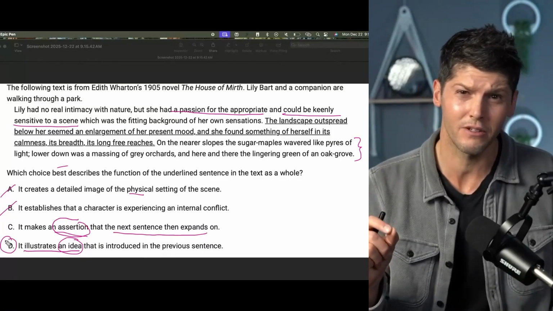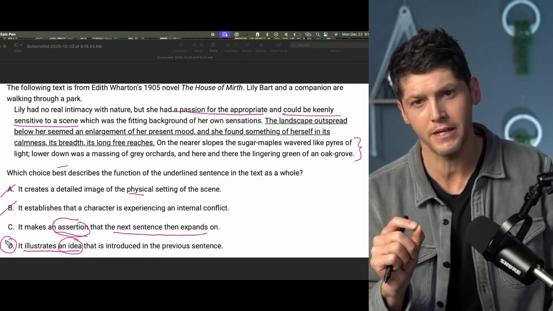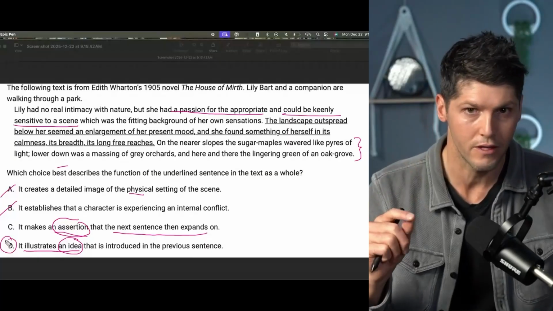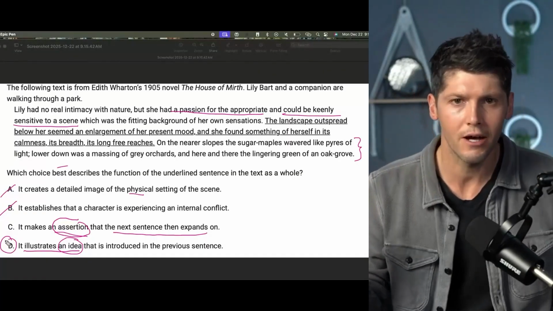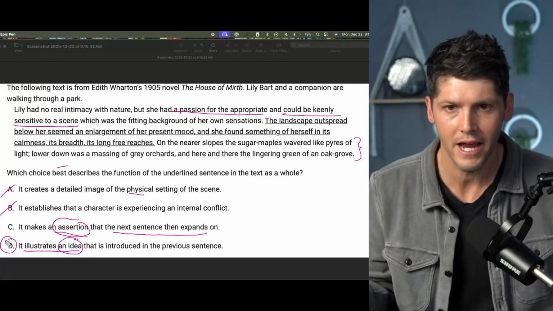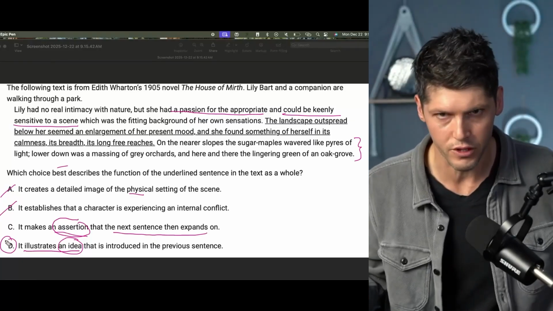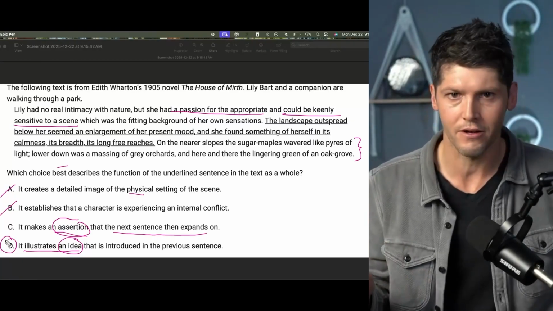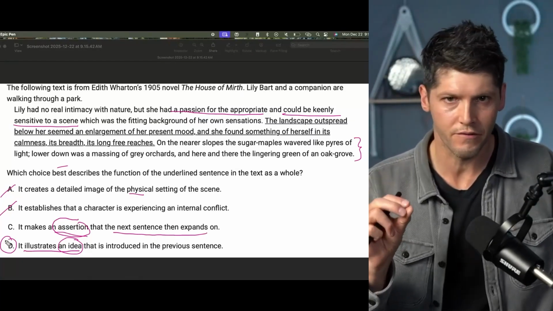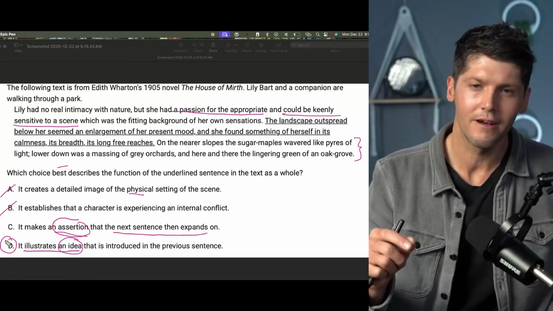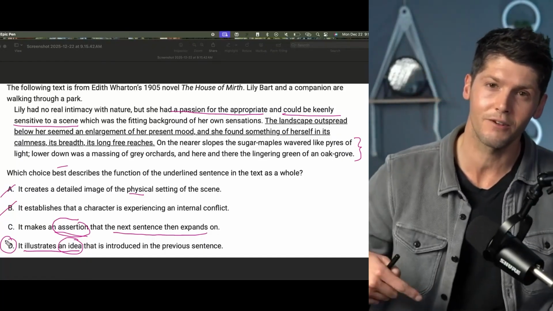But it does make it such that if you're perceptive and you're paying attention to what matters and sort of blocking out what doesn't matter, notice we don't really even care what it means to have a passion for the appropriate. Doesn't matter. We don't care about some of the fancy language here because we're focusing on the game that you have to play to get this question right.